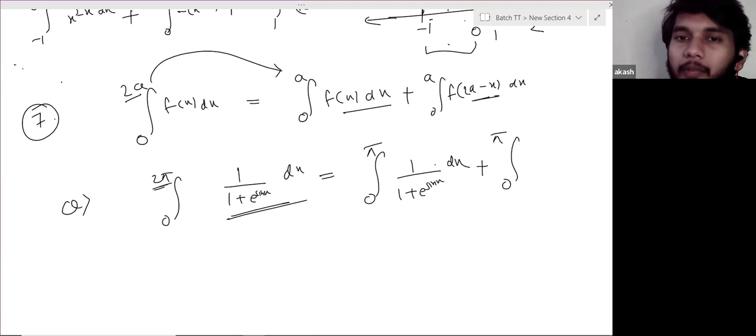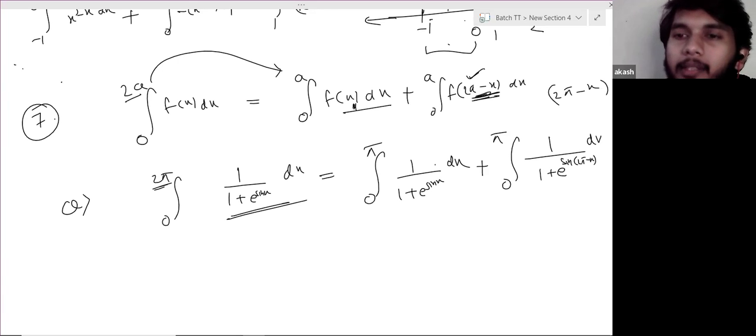So in place of x, we replace it with 2a minus x. 2a is the upper limit, so we replace x with 2 pi minus x. So this will be 1 upon 1 plus e to the power sin of 2 pi minus x. Is this clear to all of you? What I did?